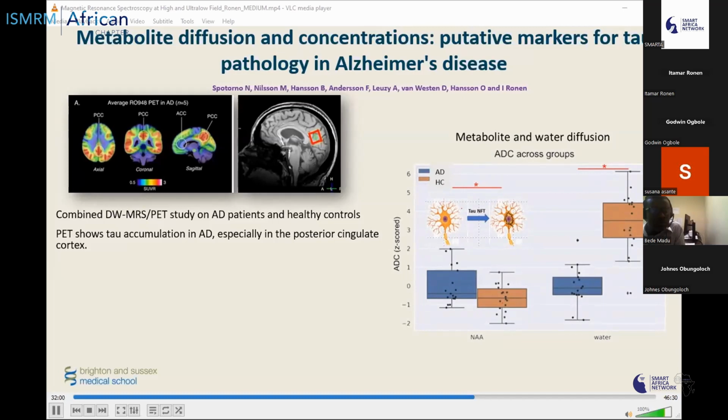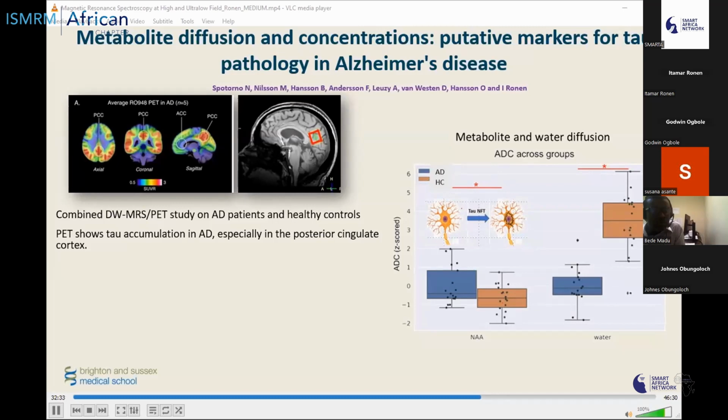And to our, let's say, pleasant surprise, we indeed found that if we're looking at the apparent diffusion coefficient of N-acetyl aspartate in Alzheimer's disease, so going from a group of healthy subjects into a group of patients with Alzheimer's disease, where we know that there is an increase of intraneuronal tau protein, we indeed measured a significant drop in the apparent diffusion coefficient of N-acetyl aspartate.